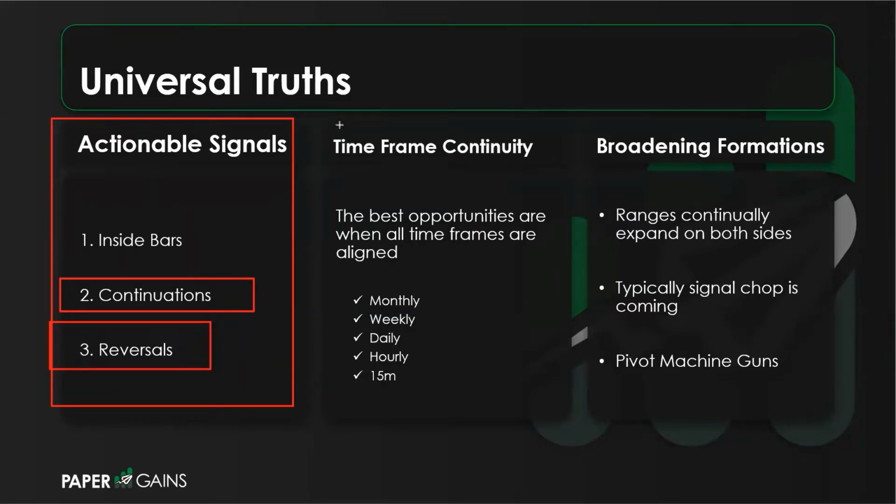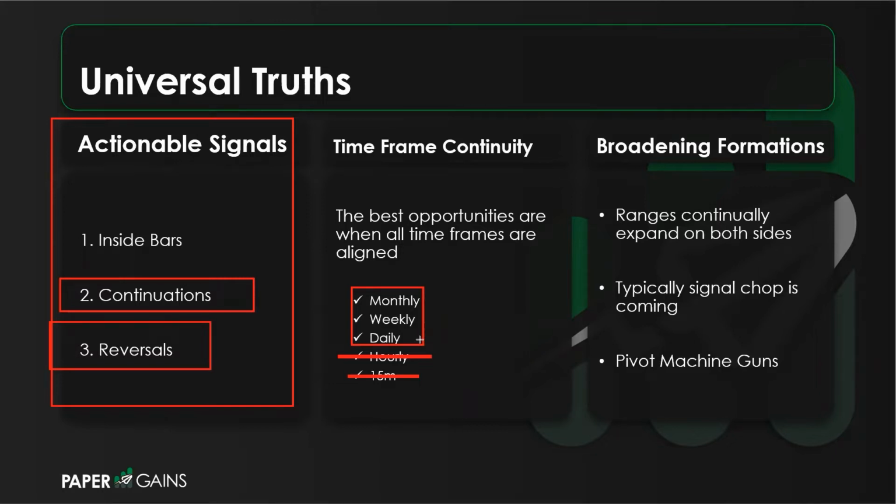Inside bars, continuity, and all that kind of stuff. It's really these three. It depends on your time frame, but realistically, when it comes down to time frame continuity, these are your three main ones: monthly, weekly, daily. That's it. So if you want to look at year and quarter, that's fine.